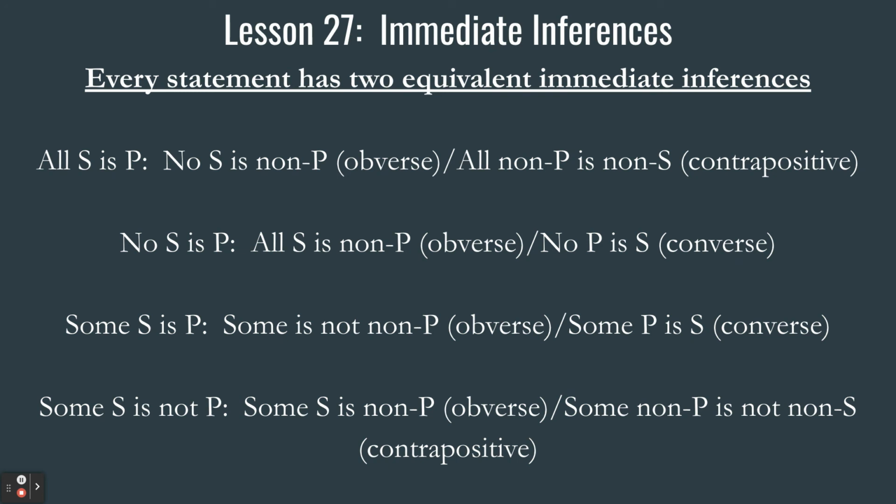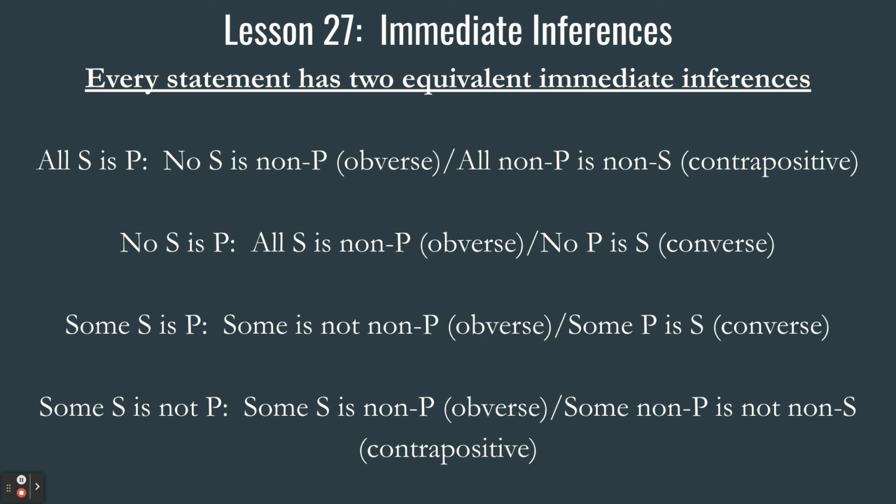So look, if I said to you, some dogs are not reptiles, and I said, give me the contrapositive of that. Well, you could walk through all three of those steps, or you could just pull out this piece of paper that you've written down, and you could say, okay, hold on.